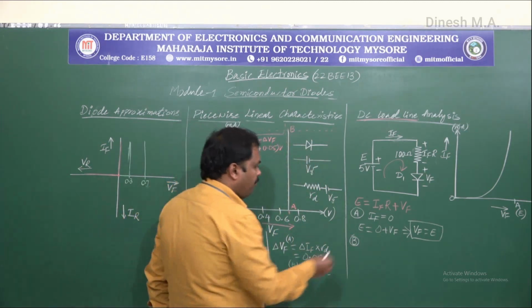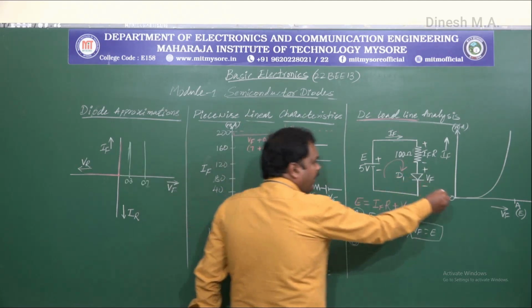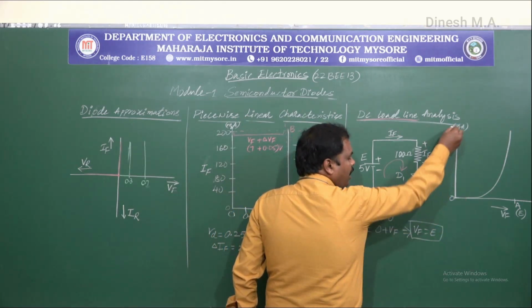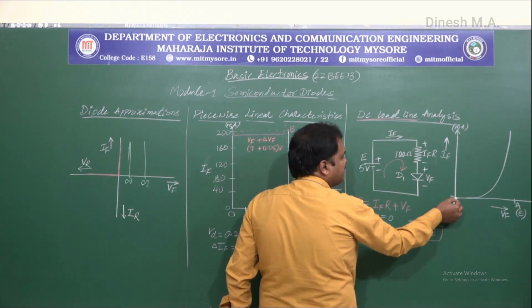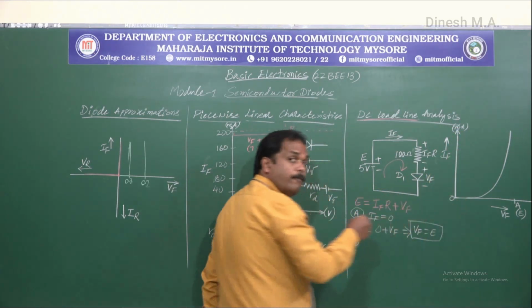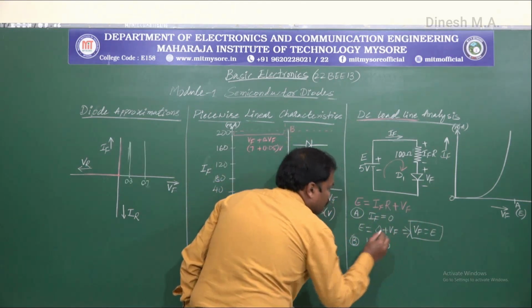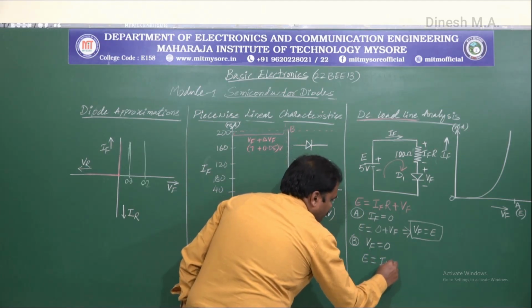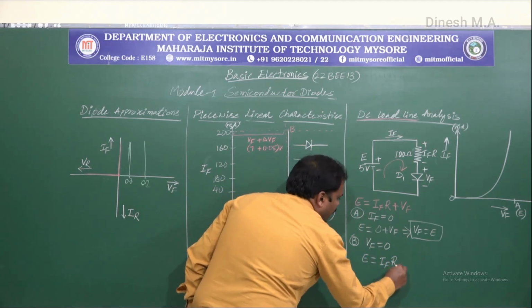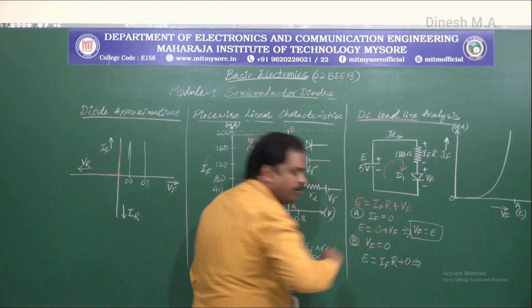Now let us mark point B. So how to mark point B? Again coming to the same equation, here we need a point to be marked on the IF axis. So for this we'll consider the forward voltage drop to be 0. So we'll say VF equals 0. Then E is equal to IF R plus 0.